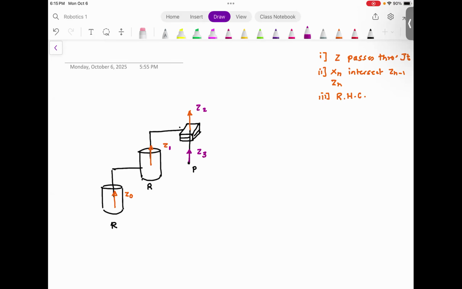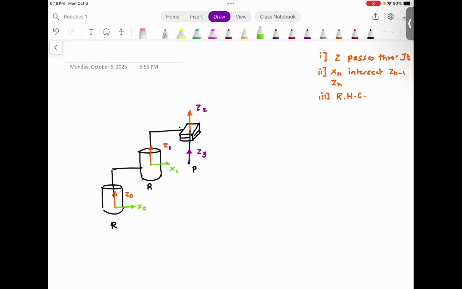Okay. Next, X. Since we don't have any other joint before the first revolute joint, X naught does not matter. So this is going to be my X naught. Now tell me, where should my X1 be? Can you agree this will be my X1?